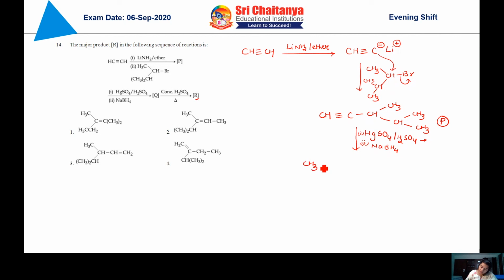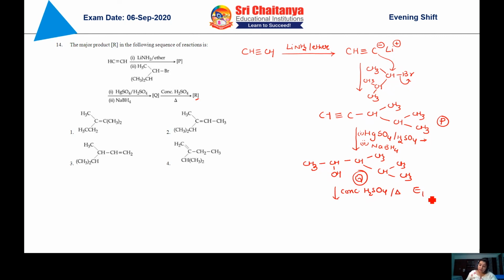So it is CH3, CH, OH, CH, CH3, CH, CH3, CH3. This is structure Q. Now with concentrated H2SO4 and heat, that is an E1 reaction which is to be considered.